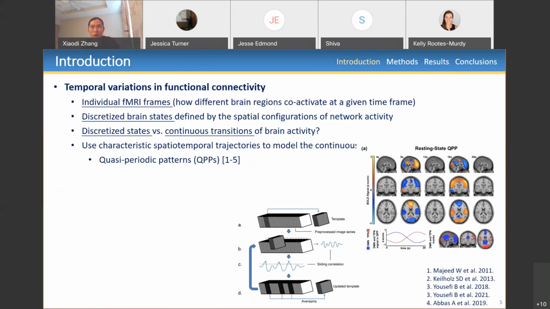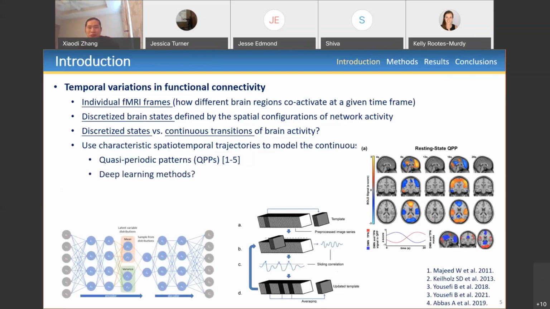There could be more patterns that have some significance, but were ignored in the past because their variance explained is relatively small. We were wondering if we can use a deep learning method to obtain this small structure that was previously ignored. Specifically here, we're trying to use a variational autoencoder to perform this task.